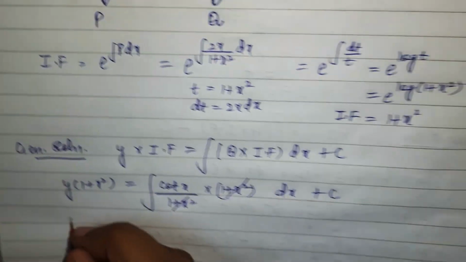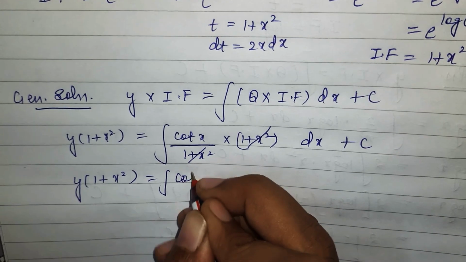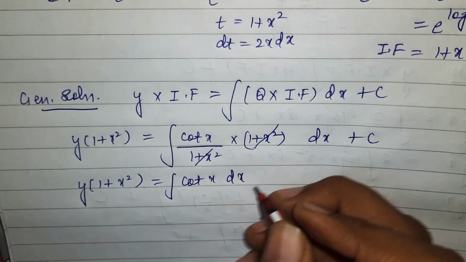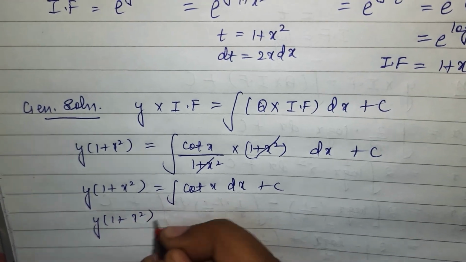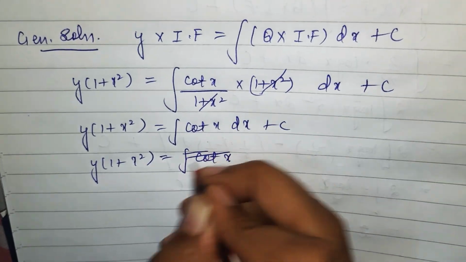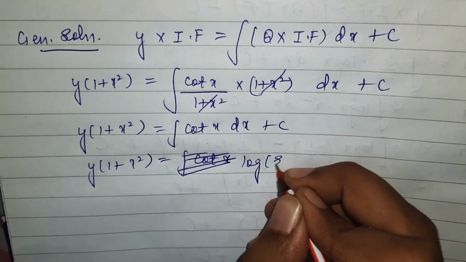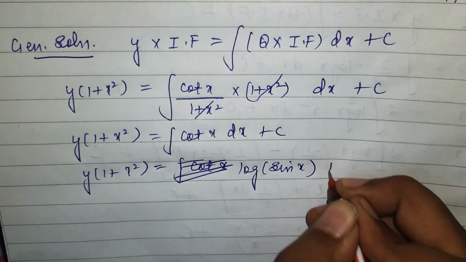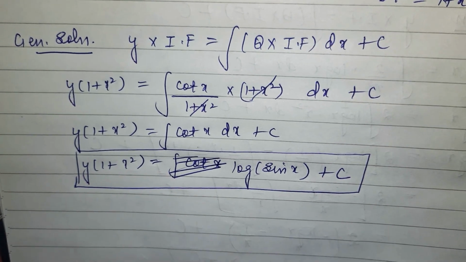So this will cancel out. So y (1 plus x square) equals integral of cot x dx plus c. Now we can do the integration. This is log of sin x plus c. So this is your final general solution.